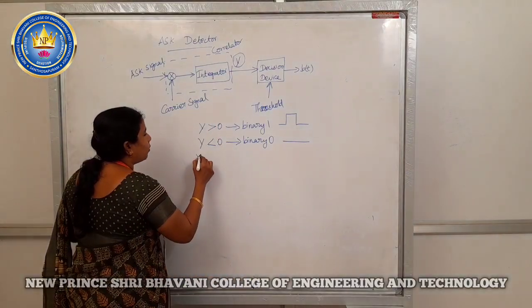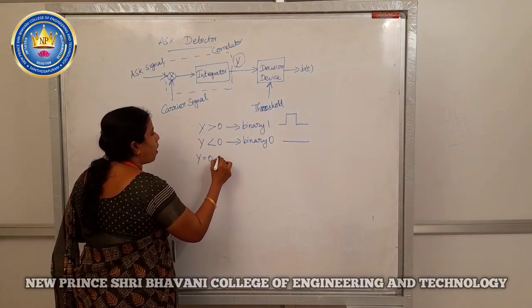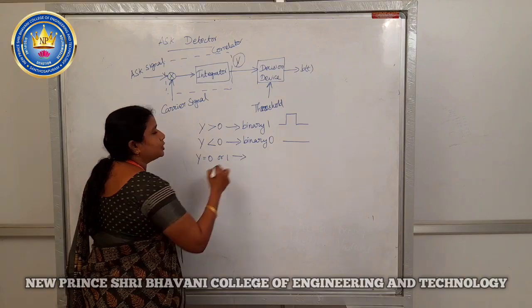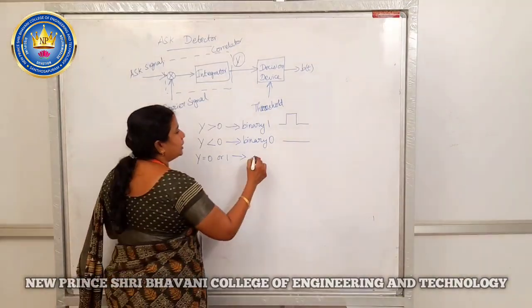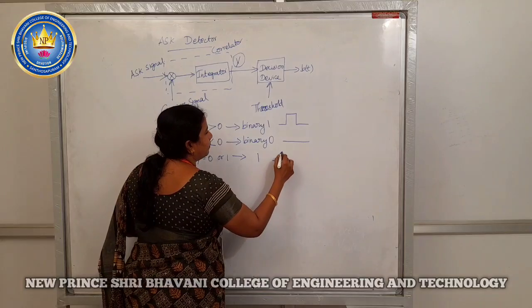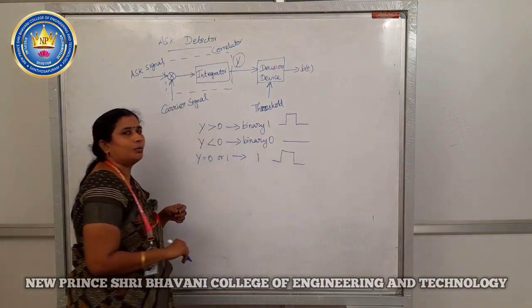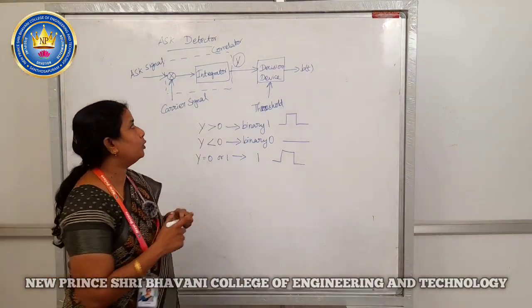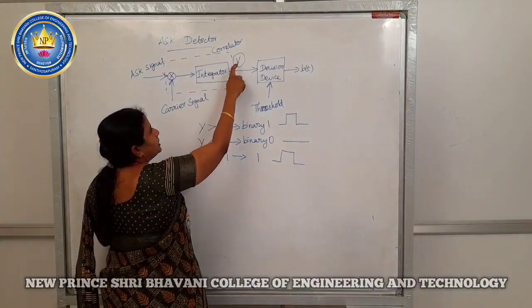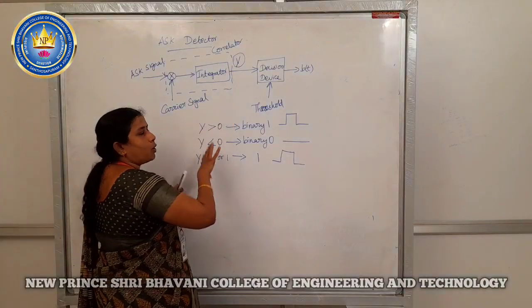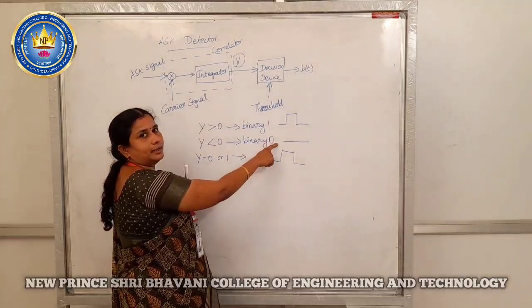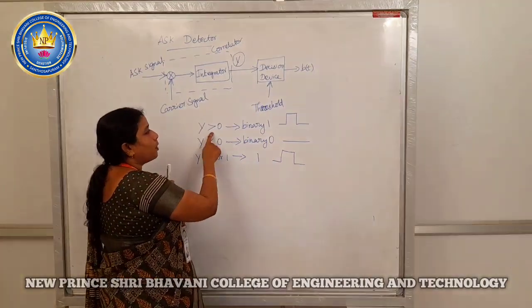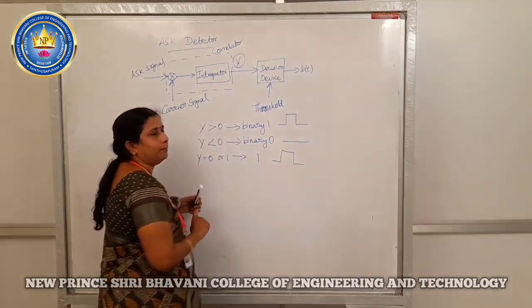If your Y value is 0, the decision device will consider the signal to be very high, so it will be considered the binary value 1. So whenever the output Y is positive or negative, in case of a negative value there is no signal on the output side. In case of a positive value, the binary value will be 1.